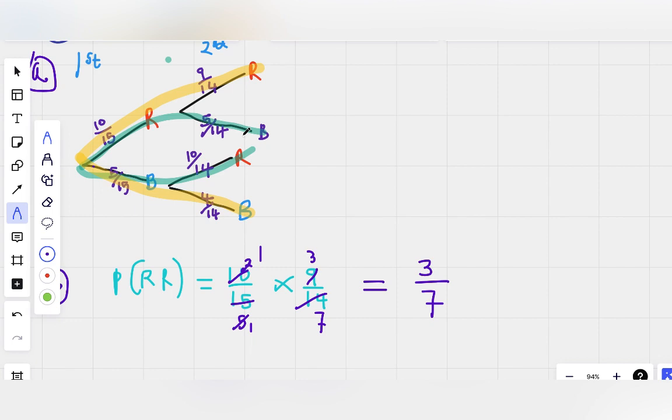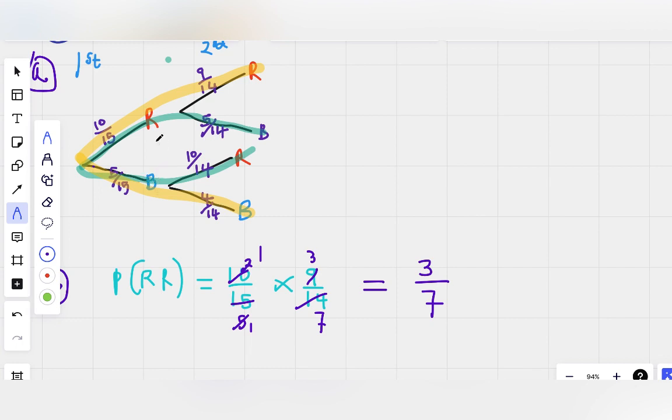We say as the first bead is already known to be red, the bottom half of the tree diagram can be ignored because it involves a black bead having been chosen first. So we're going to ignore this whole thing because it's telling us that the first one is black.